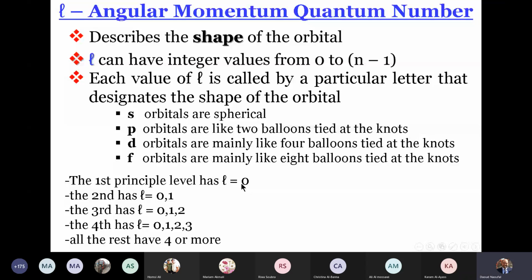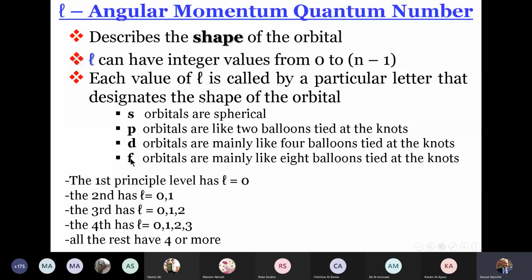For L equals 0, we talk about orbital S. For L equals 1, instead of saying L equals 1, we say the electron is moving in shape P. For L equals 2, we talk about D. For L equals 3, we talk about F.